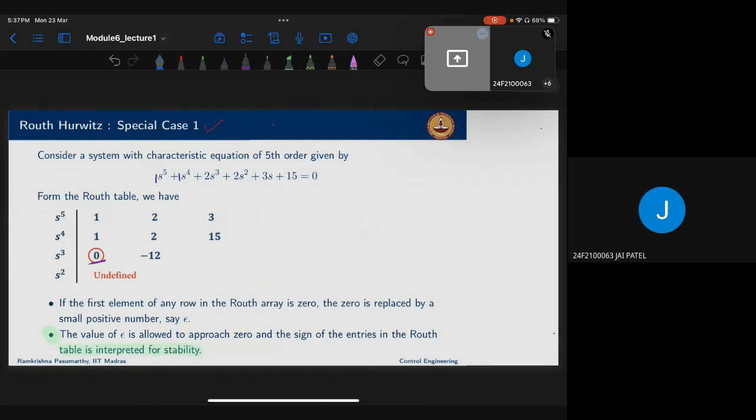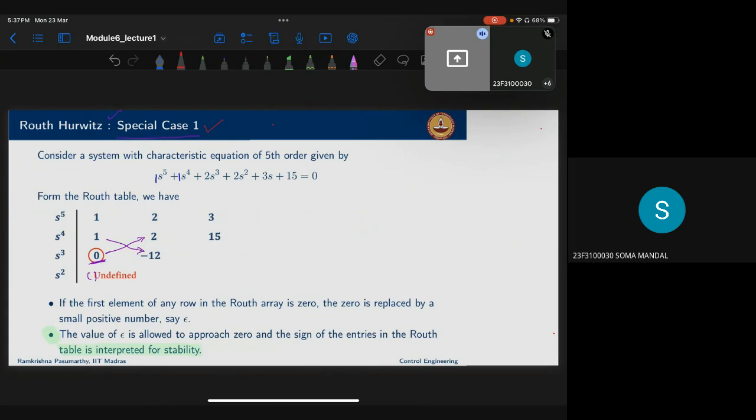What will happen while finding this term? You will multiply this and divide by 0, so it is undefined. This we call special case 1.